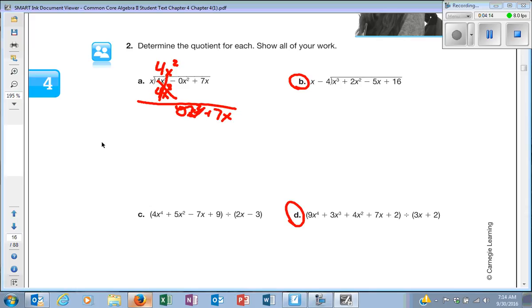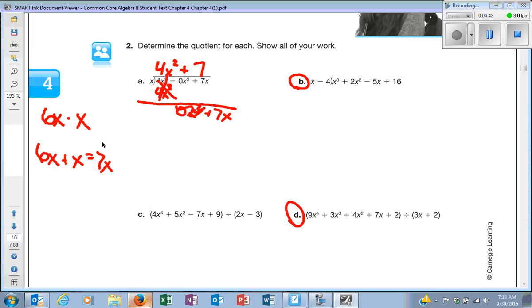How do I make x become 7x? Oh, not x. Remember, I work on those basic skills. 6x times x is different than 6x plus x. 6x plus x is 7x.